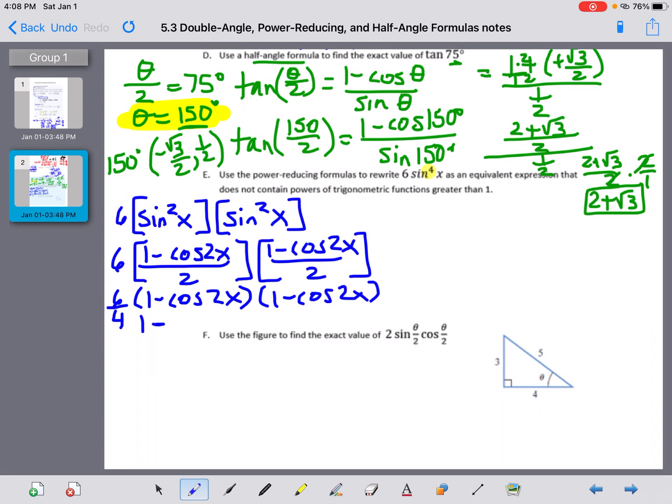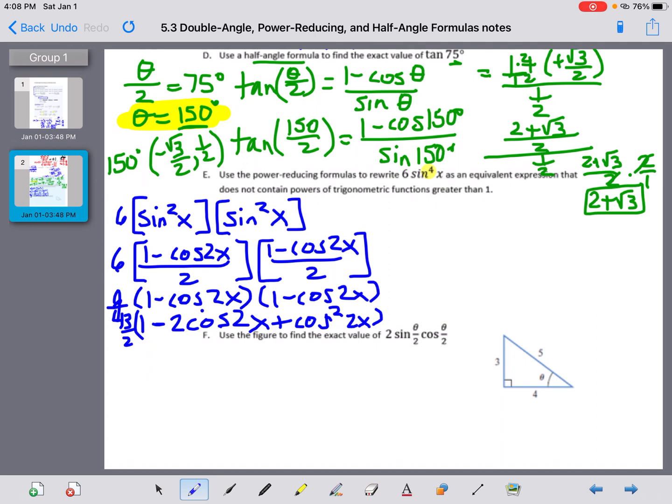The outside is negative cosine 2x, the inside is negative cosine 2x, so I get 2 of the cosine 2x is negative. Last times last is going to be a positive cosine squared 2x. And don't forget 6/4, or I'm going to reduce it to 3/2, is out front, okay?